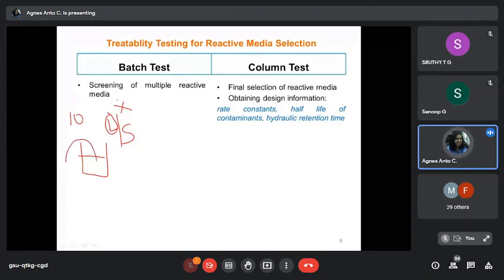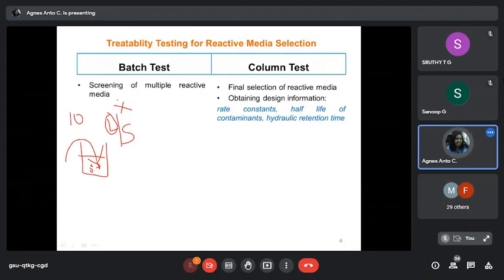So I give a proportioning of L by S, and I pour in my solution. So I have my contaminated liquid along with the material which I want to see if it can be used as a decontaminating material. In this setup, you give a mechanical agitation. You can use magnetic stirrers or mechanical stirrers, and basically you allow your contaminated groundwater to interact with your reactive material, and you give this stirring for time t.